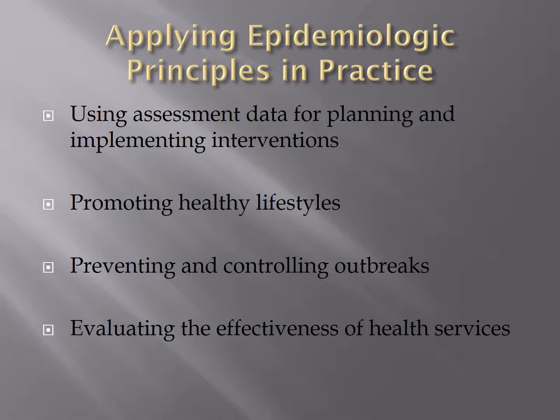Community nurses are involved in educating the public, acquiring resources, and implementing control measures to prevent such outbreaks. Principles are put in motion by the public health nurse to evaluate the effectiveness of health services. The best way to evaluate effectiveness is to compare epidemiologic statistics before and after the implementation of health services.